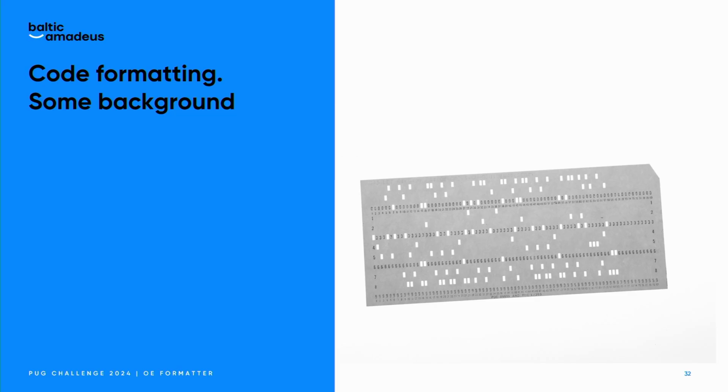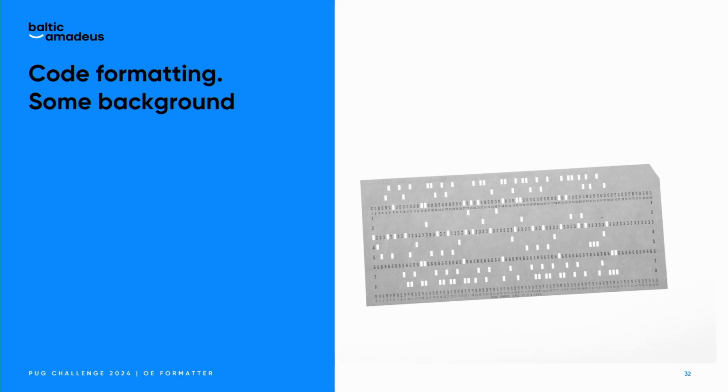Basically you had this punch card. You write your code on paper, then you go to a typewriter, which punches the holes in the punch card, and then you bring this to your mainframe and wait 2 hours to solve some simple thing.